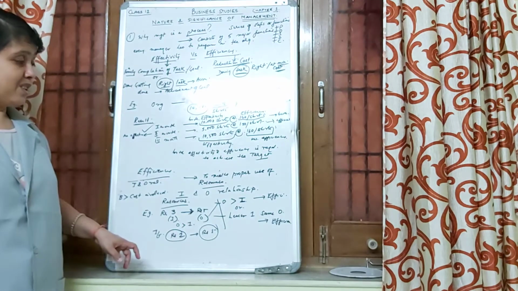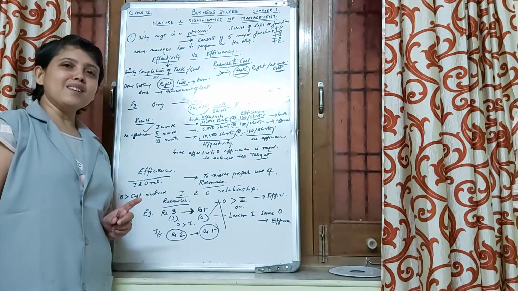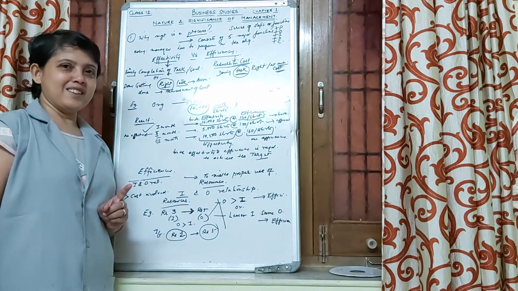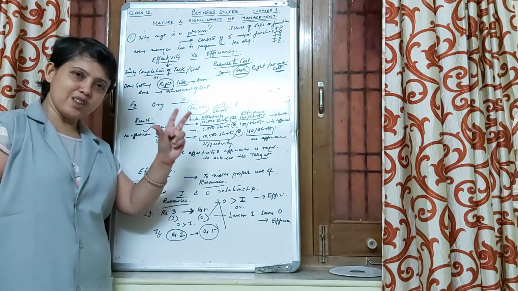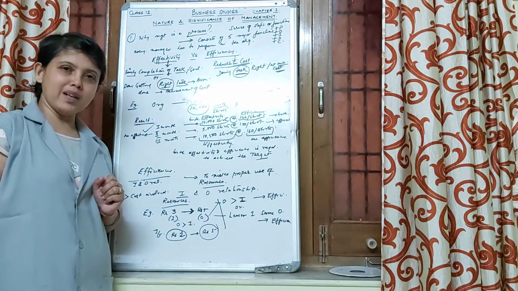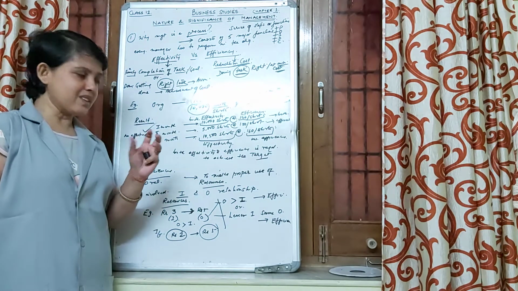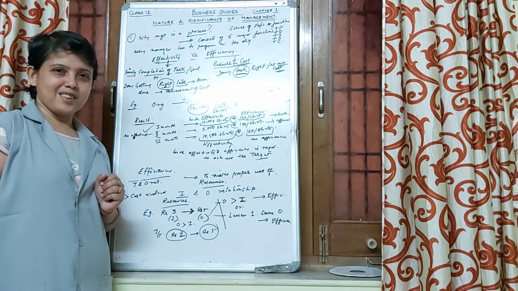So organizational goals have to be maintained both effectively and efficiently. When we say effectively, it means achieving the goal timely. There we do not consider the cost, isn't it?